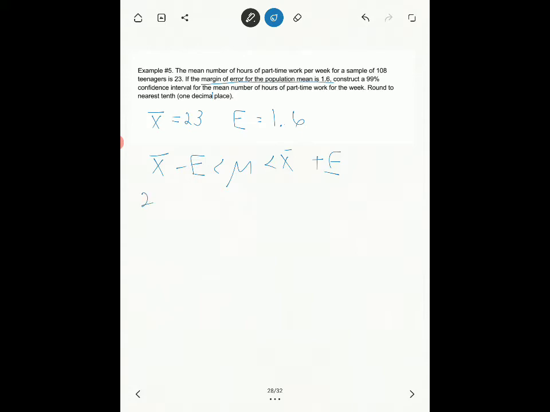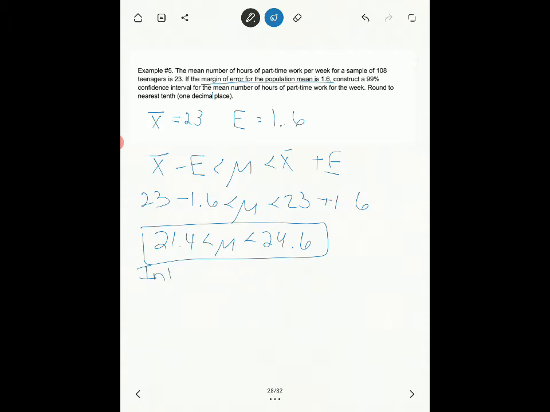So we're going to do 23 minus 1.6 is less than the mean is less than 23 plus 1.6. So we take 23 and we minus 1.6. So we get 21.4 is less than the mean is less than, and then 23 plus 1.6 is 24.6.